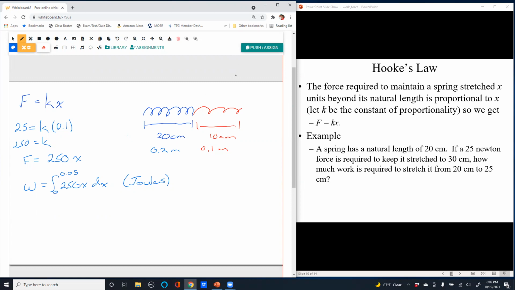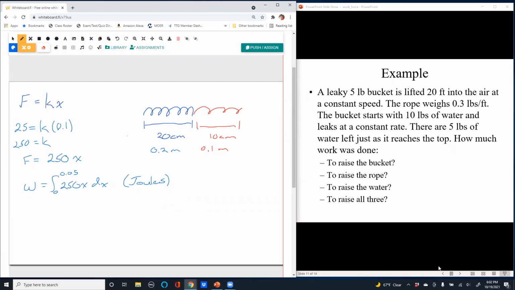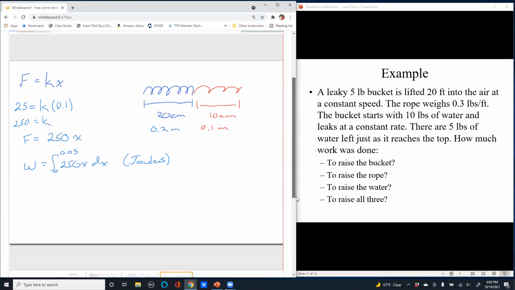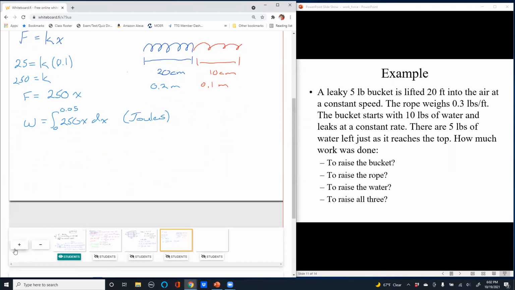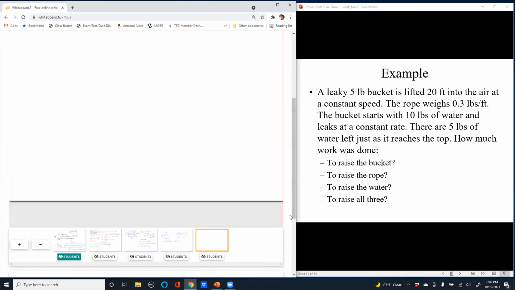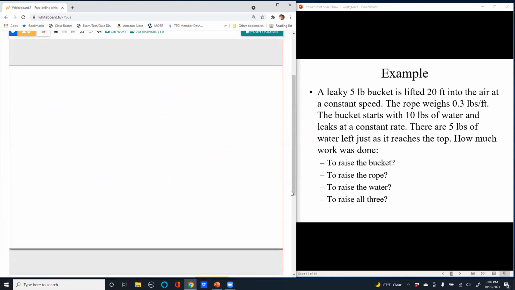Okay, let's do another work problem. Oh, this is kind of a cool one. It's similar to something we did earlier, but I'll do it a little quicker and see what you think. All right, so what do we have going on?